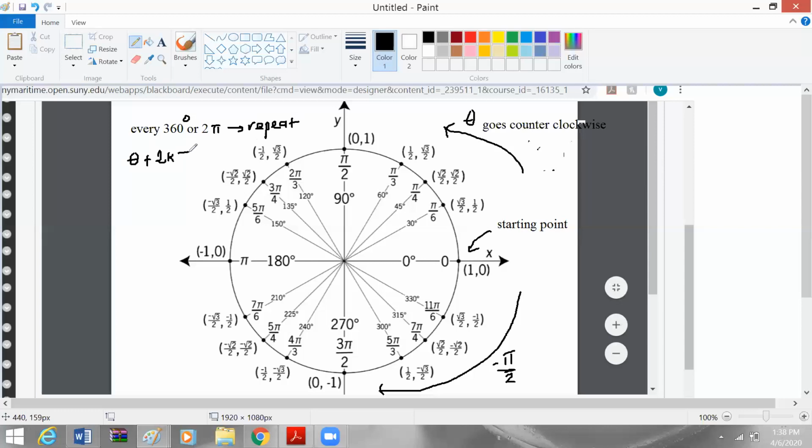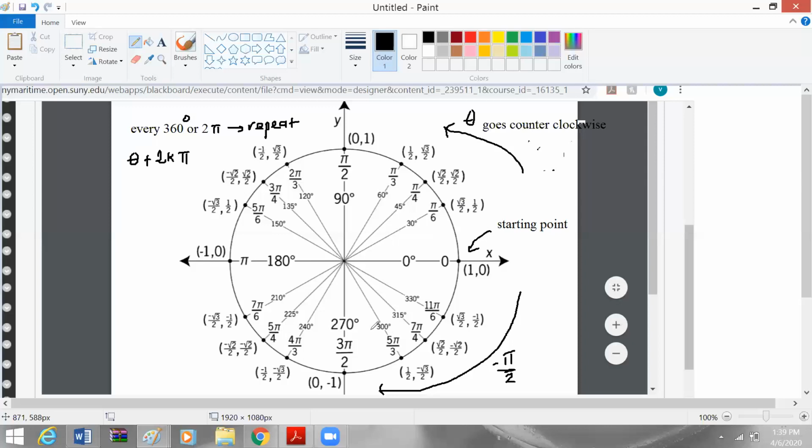So what that means is that every single 2 pi comes back to the original point. We pick any point right there and then draw another circle that goes counterclockwise. Up to that point, it just repeats itself. Okay, so every 2 pi.